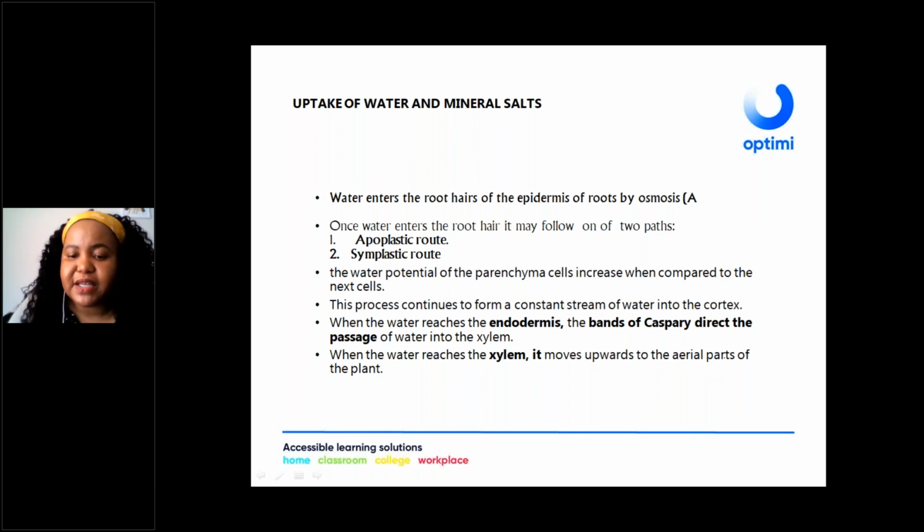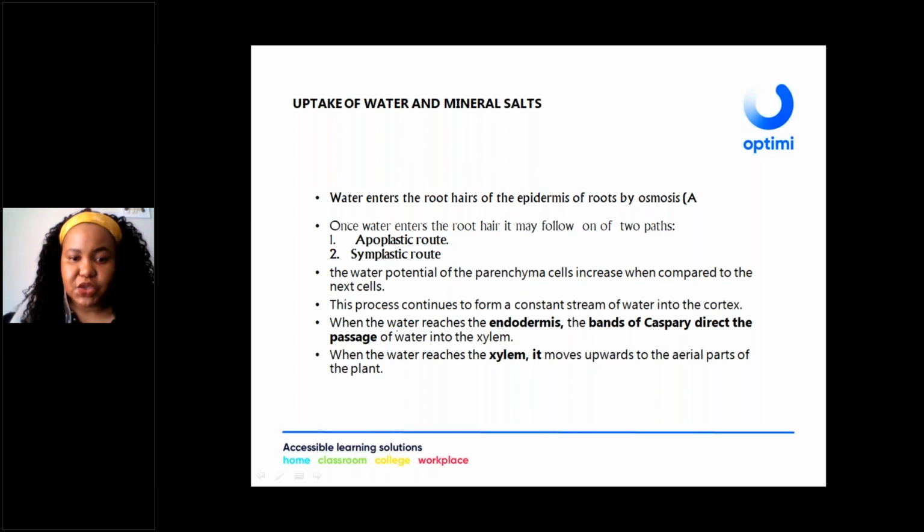Remember, aerial is just a fancy word for the parts of the plant that are above the ground, since the roots are below the ground. So as soon as it reaches the xylem, it is transported where needed.